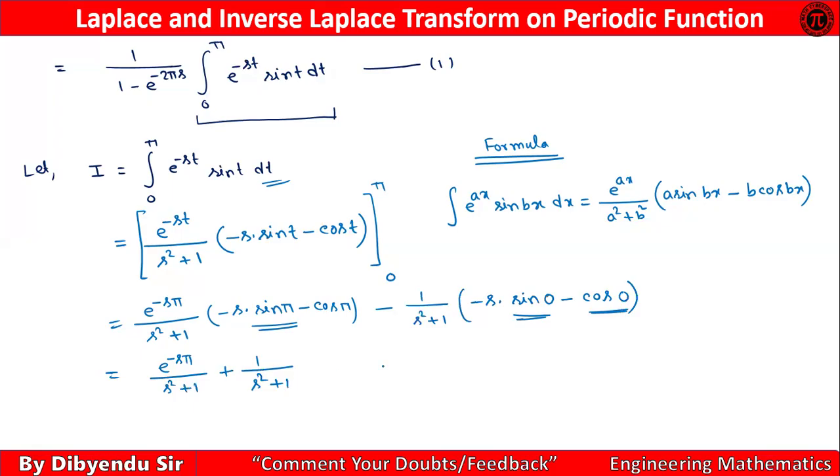So finally the result is e to the power minus s pi plus 1 divided by s square plus 1. This is the value of capital I. Now you have to put this value in equation number 1.